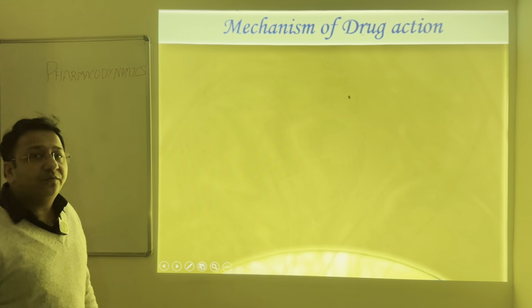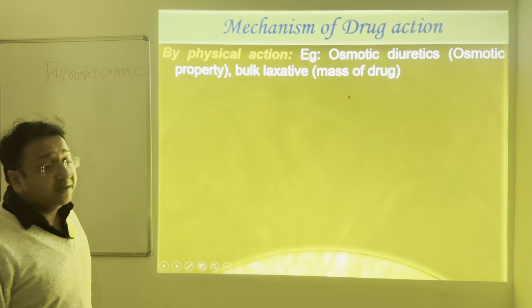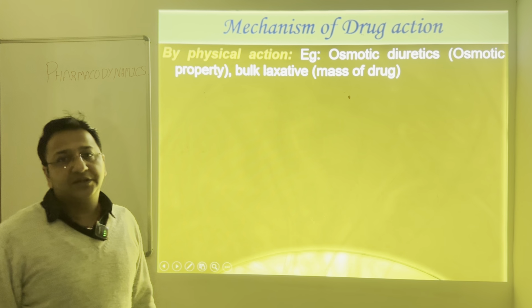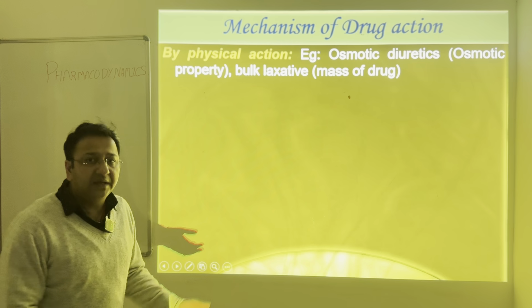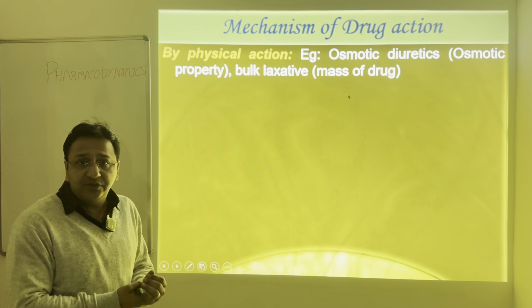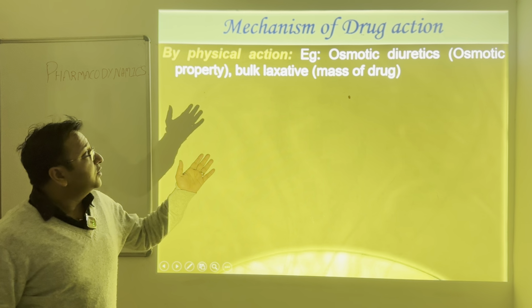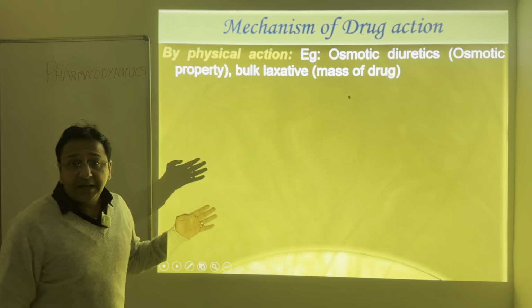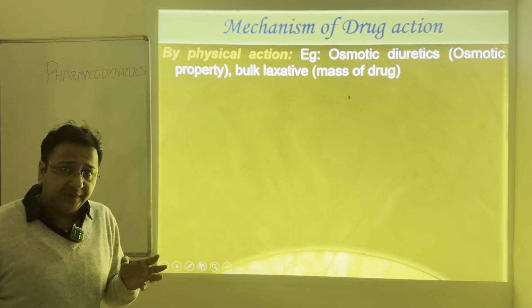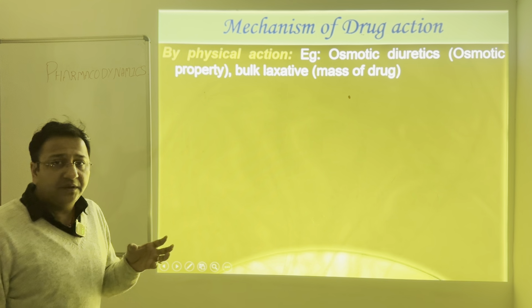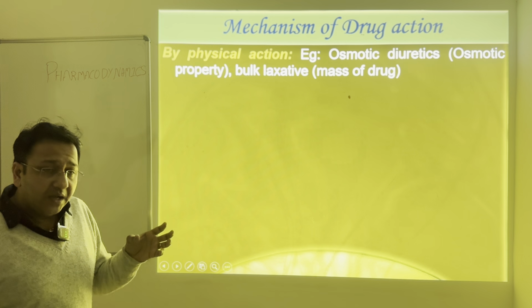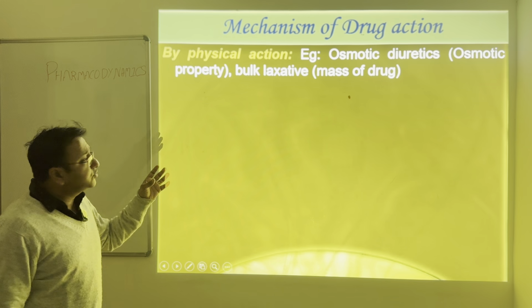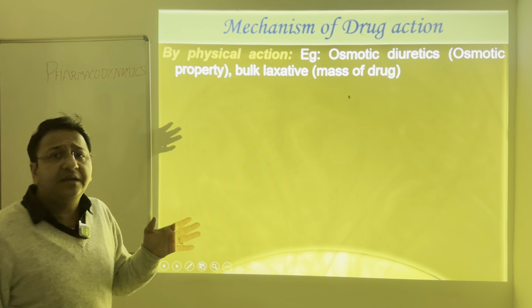Now the various mechanisms of drug action. A drug can act by physical action, like an osmotic diuretic, which we use in the diuretics part, acting through its osmotic property, and the bulk laxative. When the fecal matter becomes hard, we use a bulk laxative to increase the mass so that the stool can easily pass out.